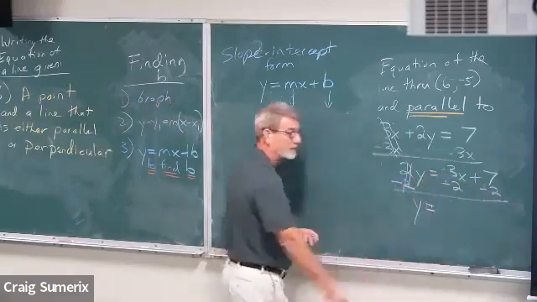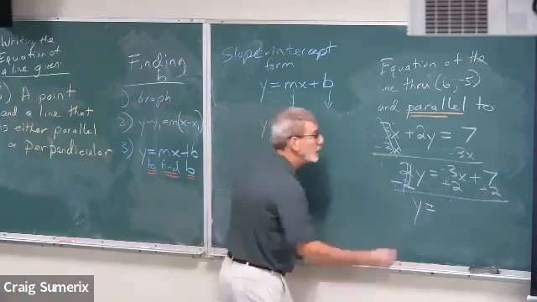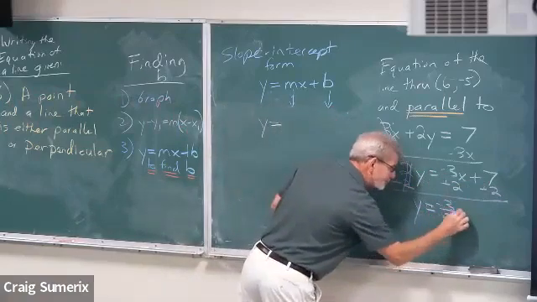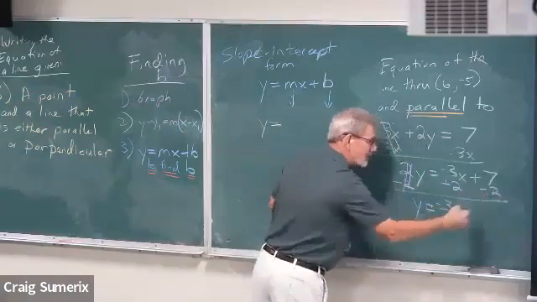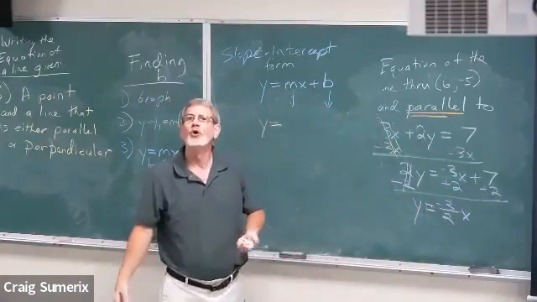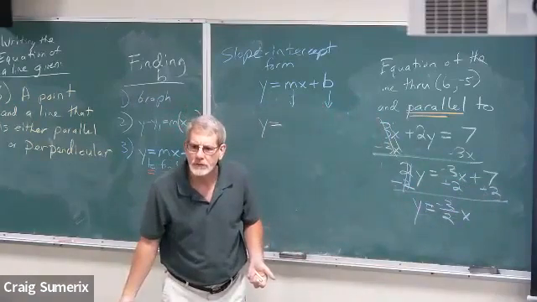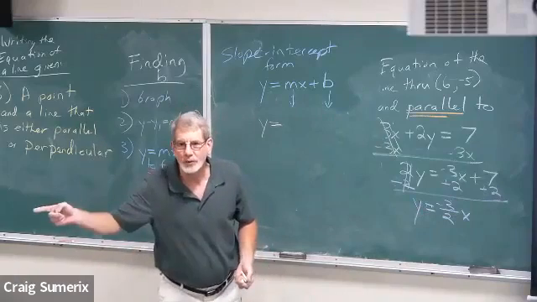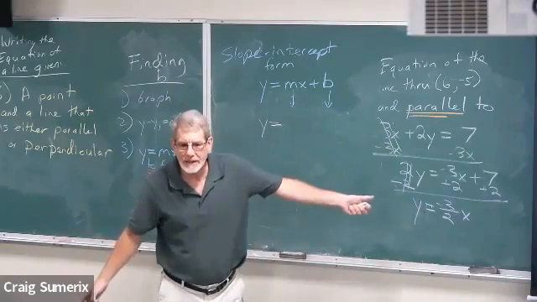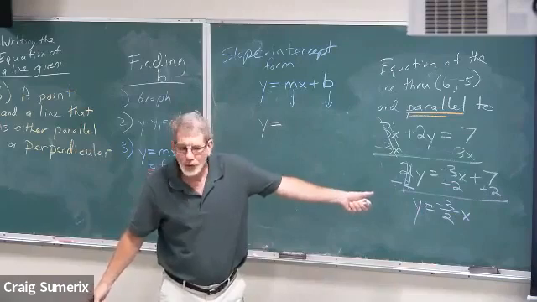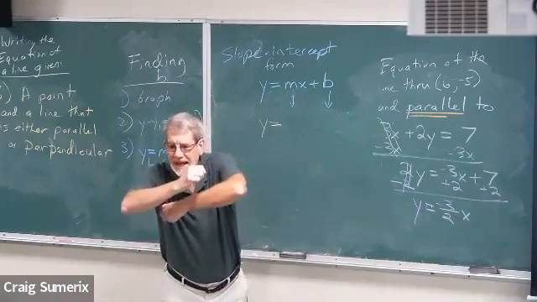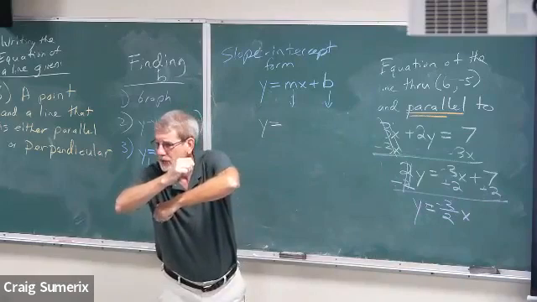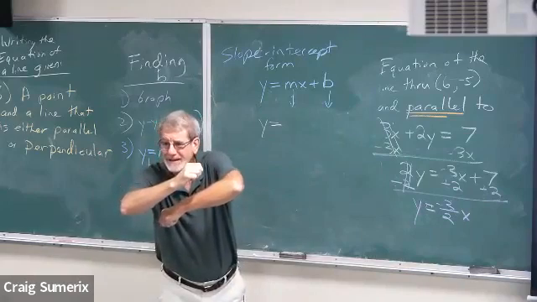What's -3 divided by 2? -3 over 2. What's 7 divided by 2? Who cares? Because what are we looking for here? The slope. Do I care what the y-intercept is? Not really, because parallel lines can't cross the y-axis in the same place, can they?